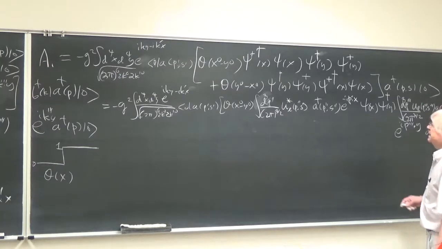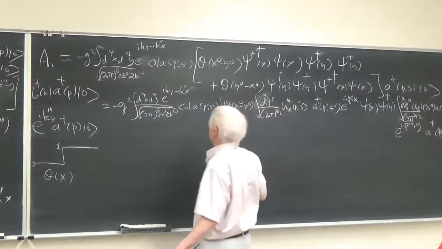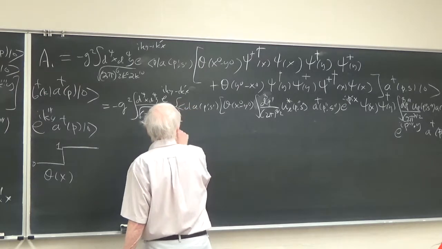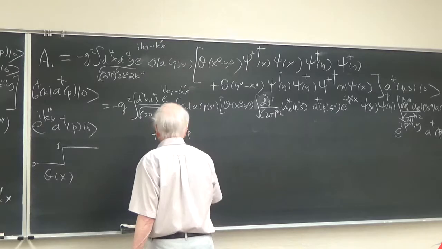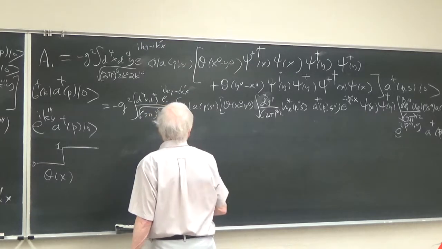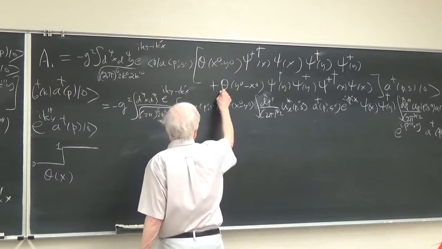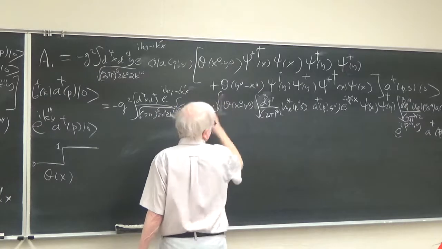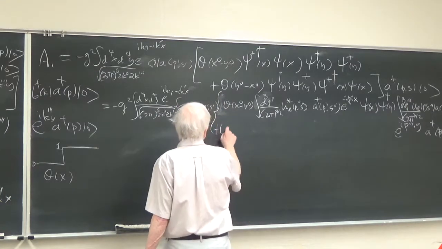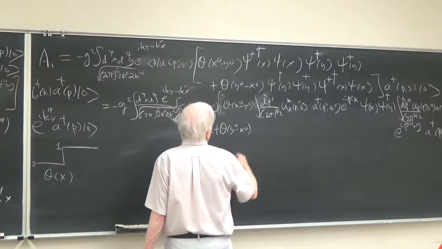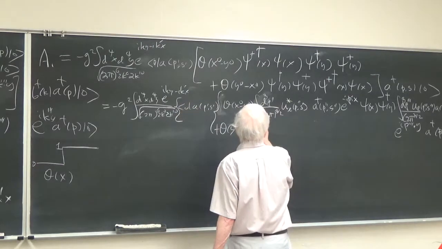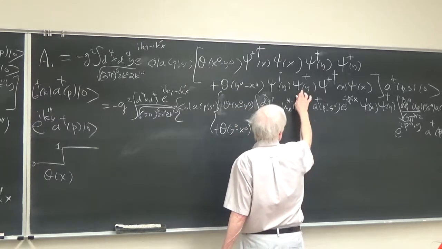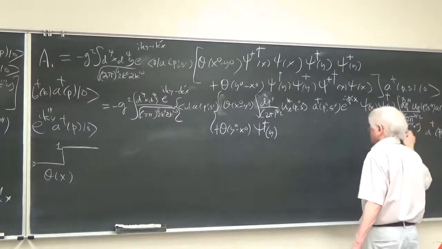Now, okay, so what I've done here is I've just done the first theta component. We also have to have the next one. I've already got the square bracket there. Okay, the next one is theta of y0 minus x0. And now what we have is psi dagger of y. But now the psi plus of y, well, that's this term over here.